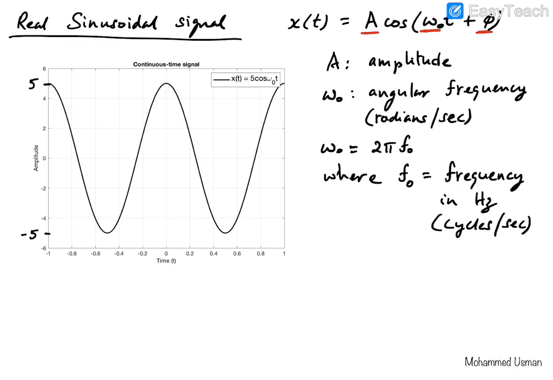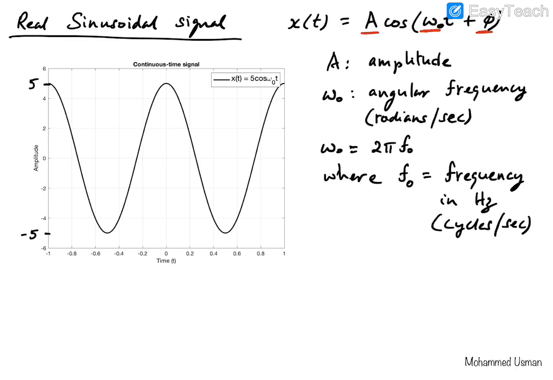We'll come to that later, but what I want you to get acquainted with now are the parameters used in representing signals mathematically. The first parameter is amplitude, the second is angular frequency omega naught, which you can write in terms of cycles per second as 2 pi f naught. So you can write this as A cosine(2 pi f naught t plus phi).